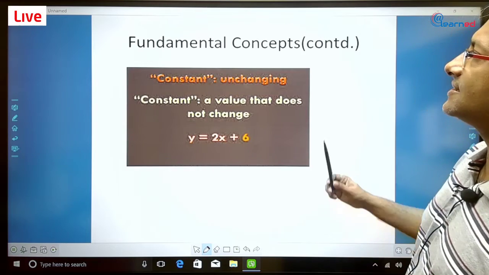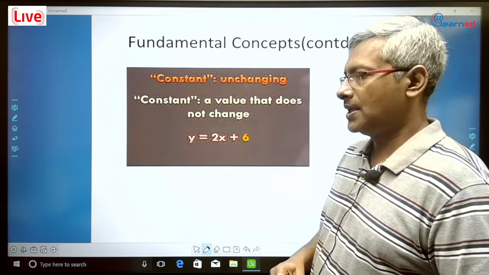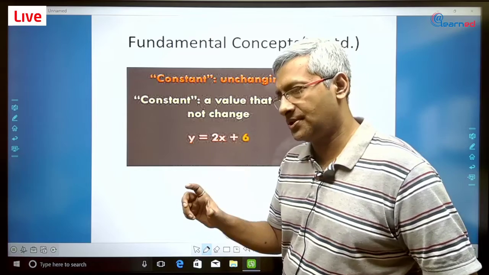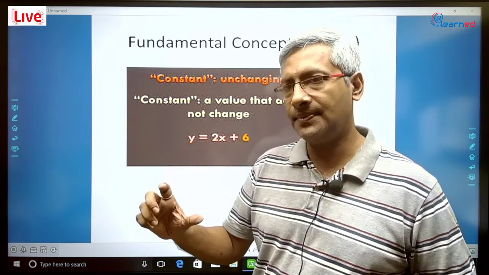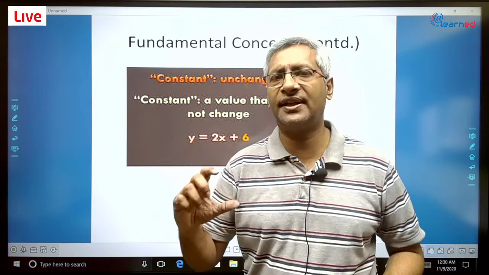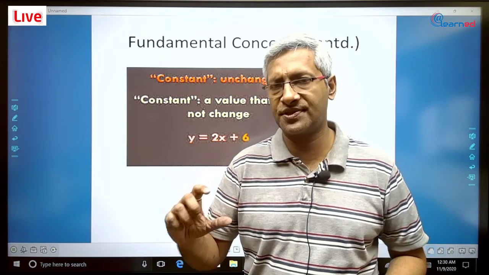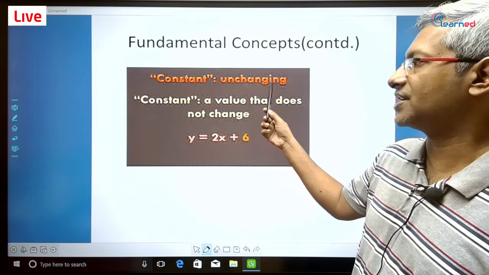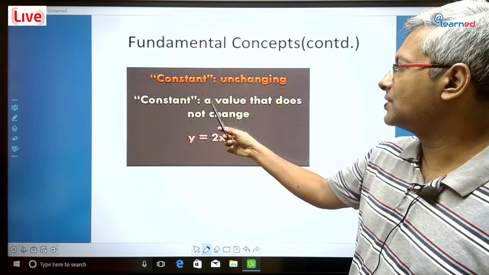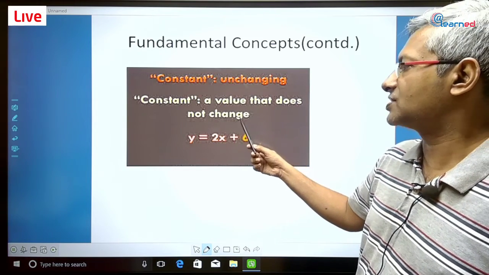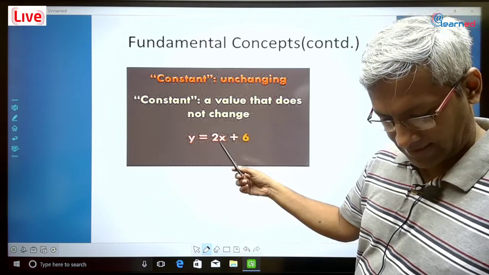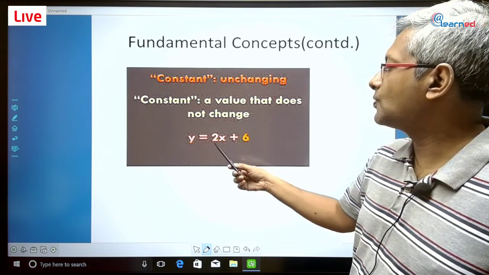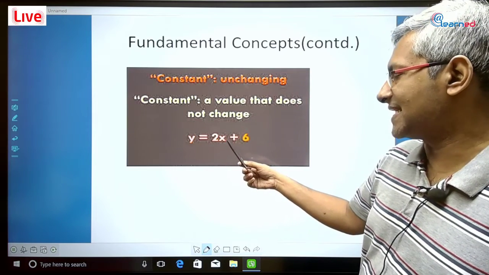Now what is a constant? In an expression, you will have a variable, and normally you will have a constant value. So a constant is unchanging. A constant is a value that does not change. So y equals 2x plus 6.